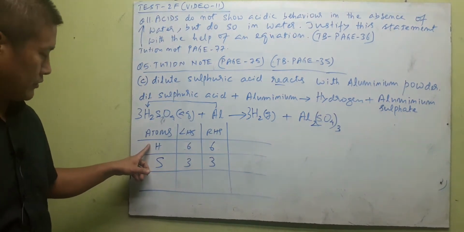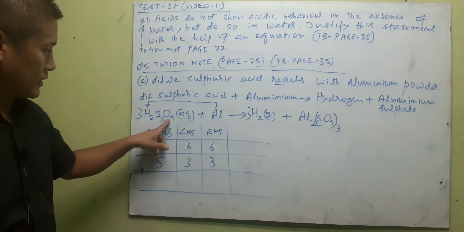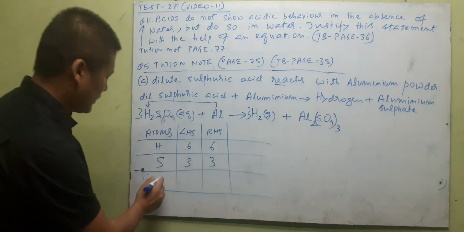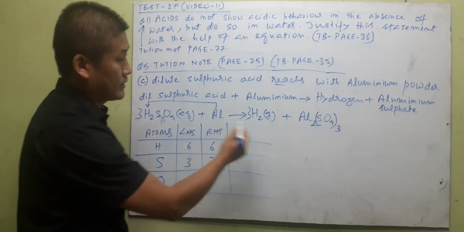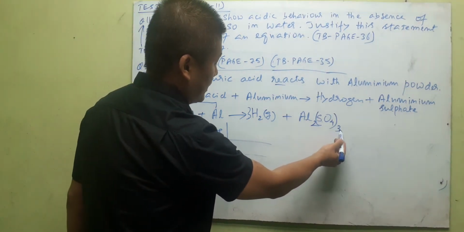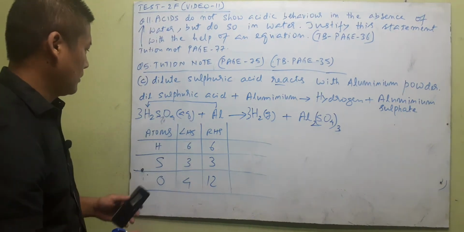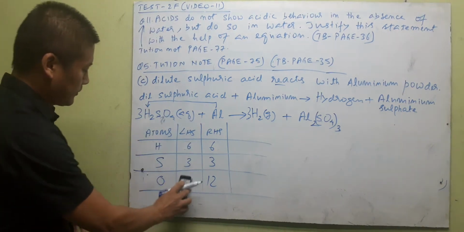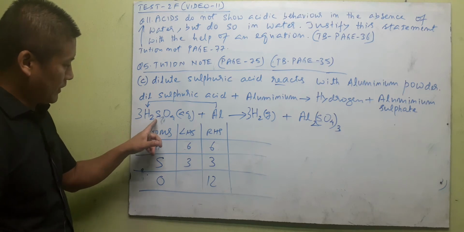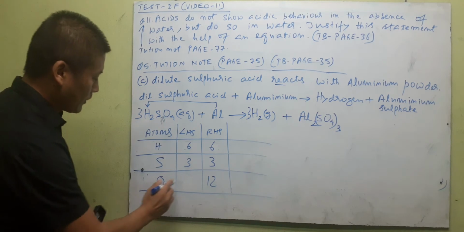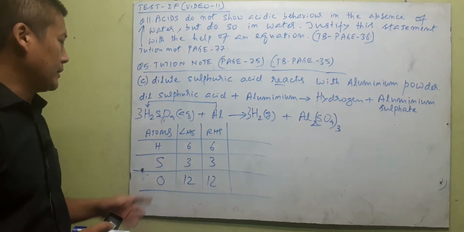H is done, hydrogen atom, sulfur atom, then oxygen now. So oxygen here 4 on the left side, and right side is 4 3s are 12 O. So that cannot be. Oh sorry, this also 12, sorry. Here now 3 belongs to everything after that, right? So 3 4s are 12. Left side also 12 oxygen atoms.